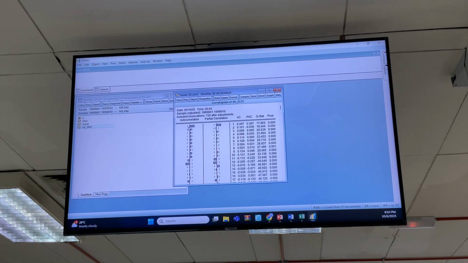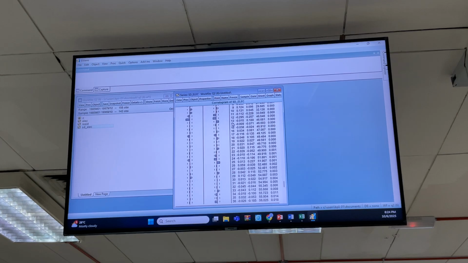So what model do we propose? Large D1, small d0. So it is either MA1 or AR1. Okay, MA1 or AR1, and for the seasonal part, it is either SMA1 or SAR3. The last significant one is 6.